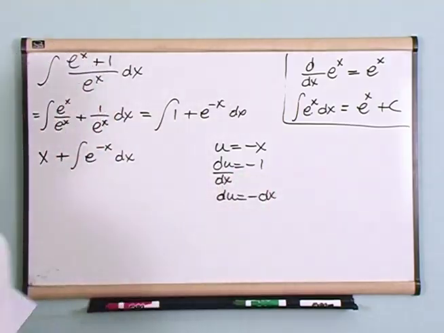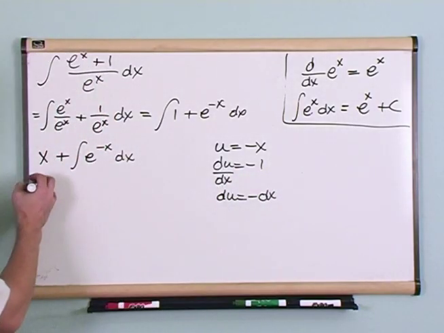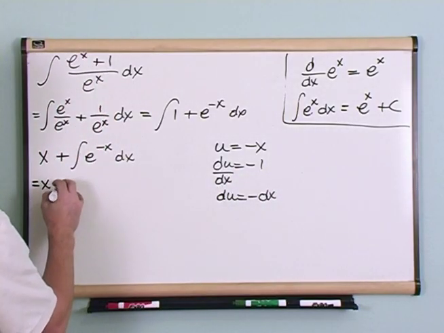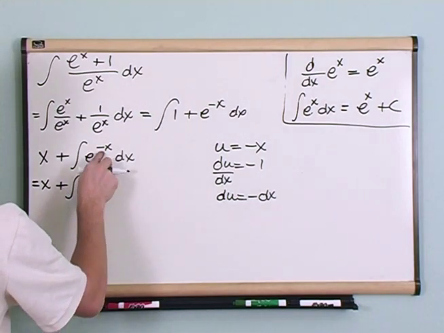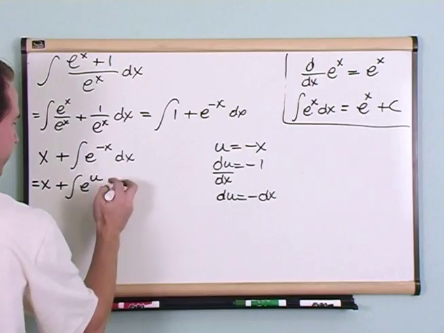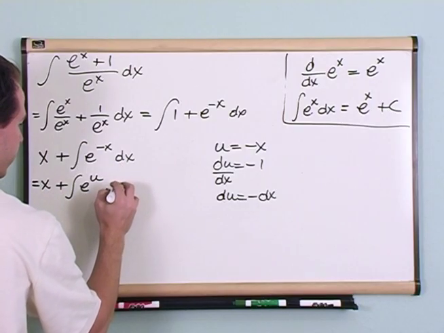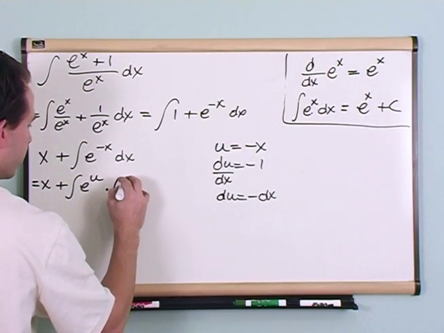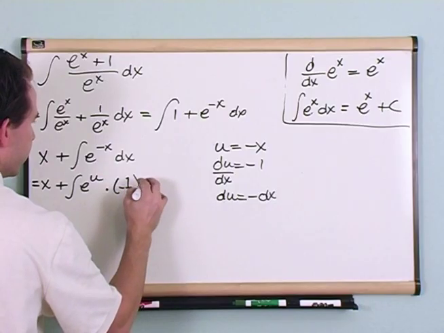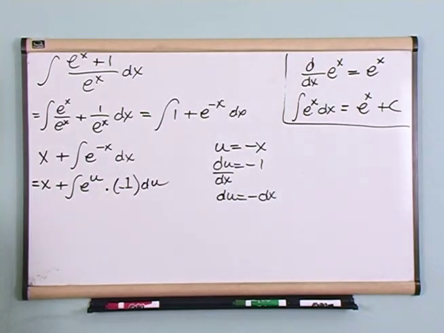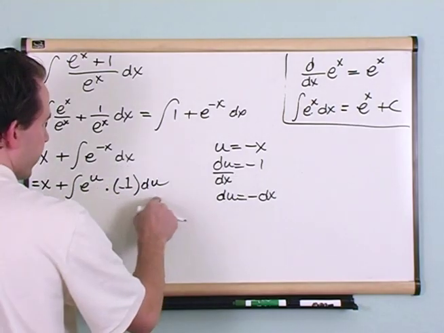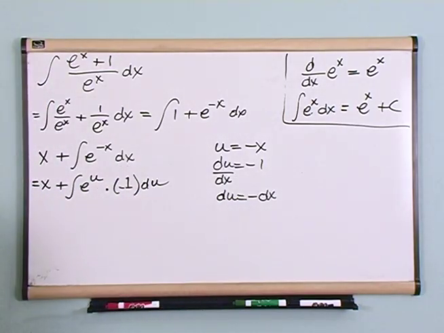So I'm going to say this is equal to the integral of e to the u, times dx, which is simply negative 1 times du. Okay? dx is negative 1 times du from this here.